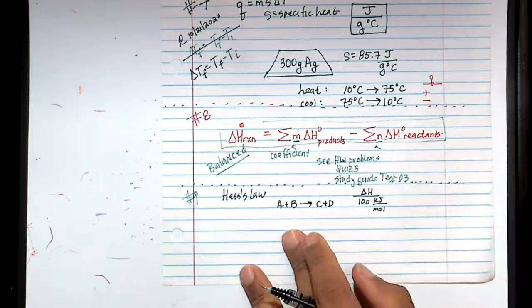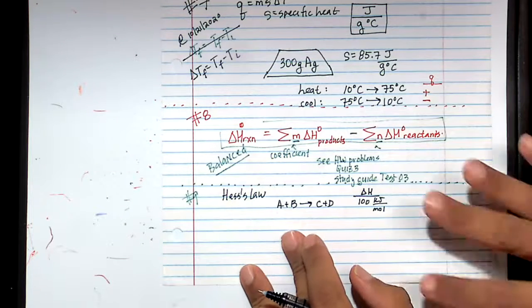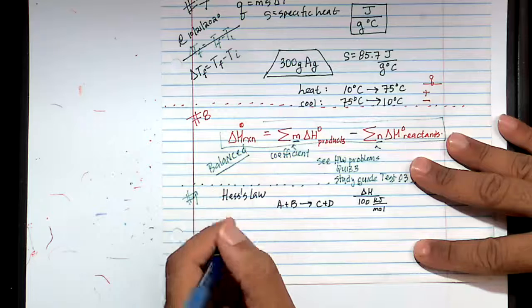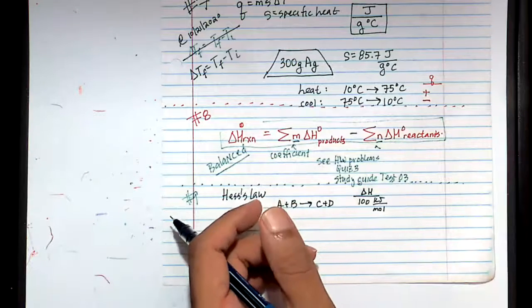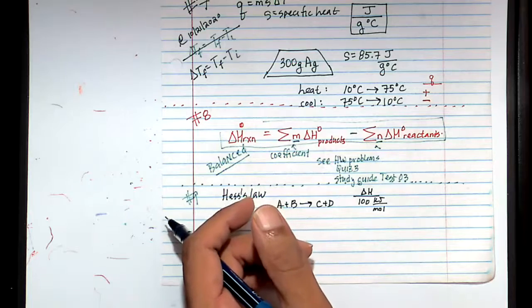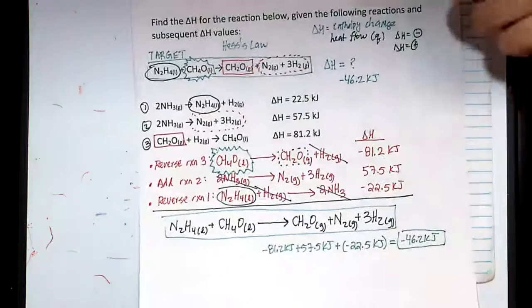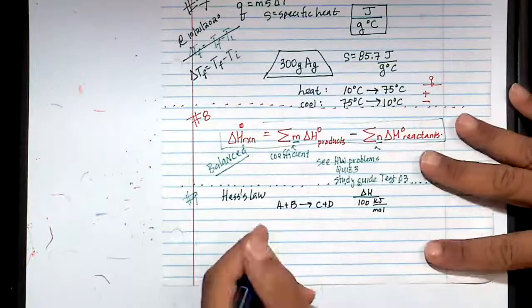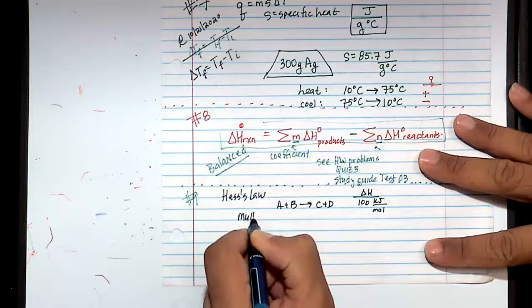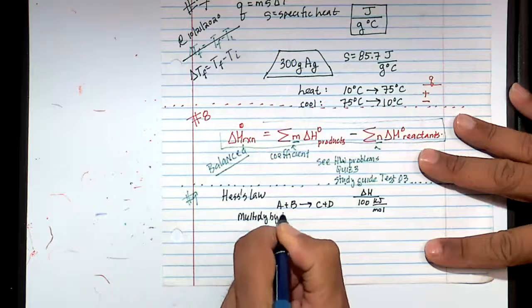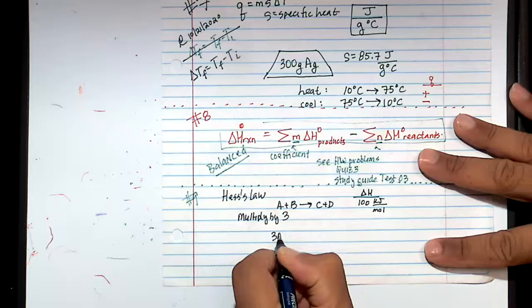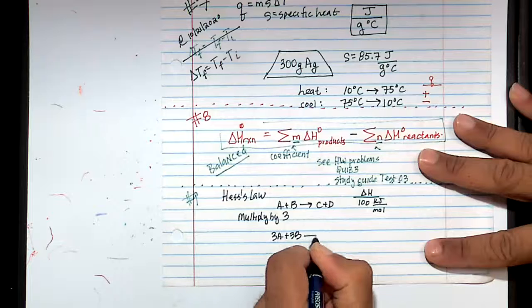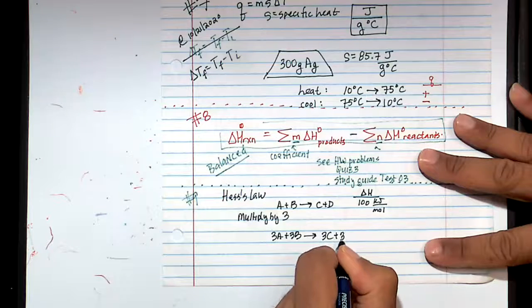Okay, the positive sign tells you it's endothermic, right? So what happens if I multiply, this is an example of Hess's law, and we did this at the very beginning of class. Let's say I multiply this whole thing out by 3, and I have 3A plus 3B goes to 3C plus 3D.